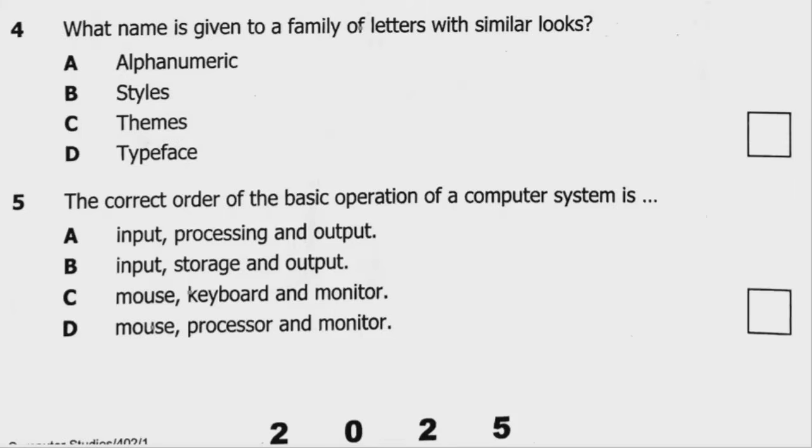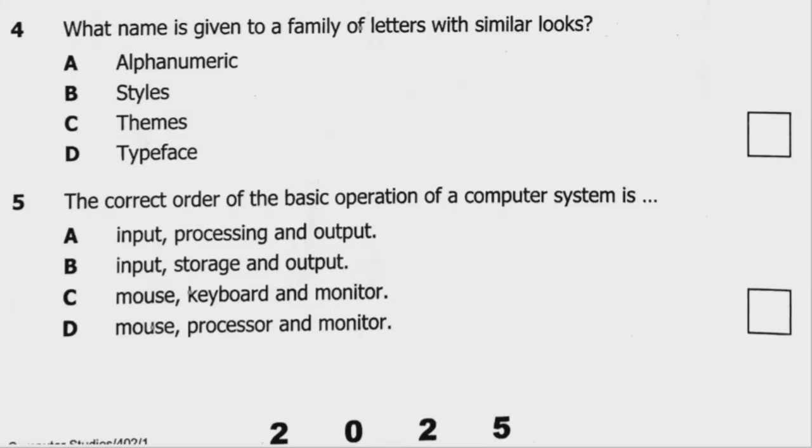Theme is also used to describe overall appearance, like color, layout, and fonts. So again, it does not only focus on letters, or a family of letters. This one engulfs everything. So when you talk about theme, we're talking about also including other things.